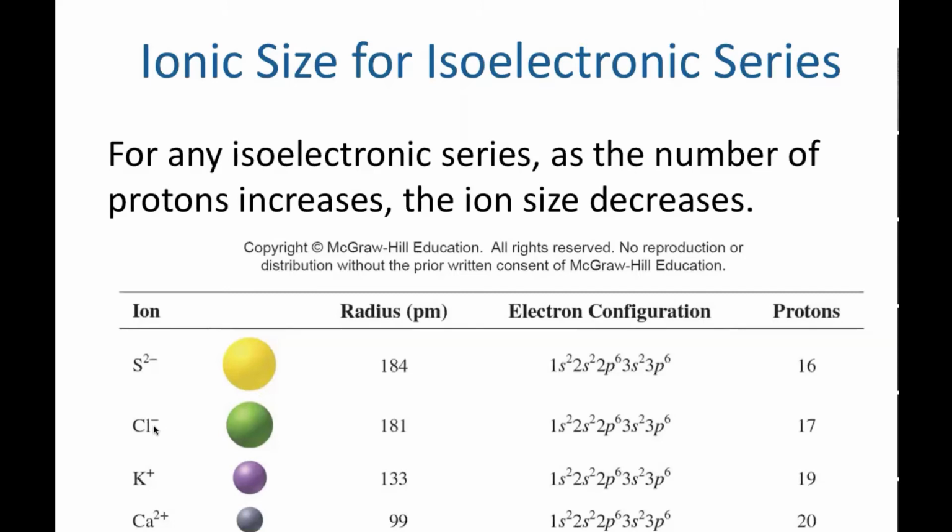If chlorine gains 1 electron, it gets to be like argon. If potassium loses 1 electron, it has the electron configuration of argon, but potassium has 19 protons, and chlorine, how many protons does chlorine have? 17. So potassium has more protons.